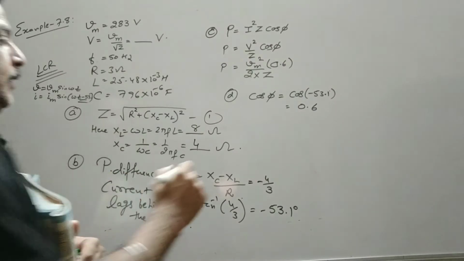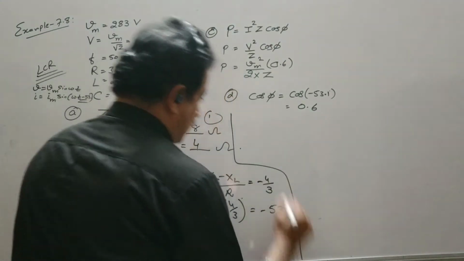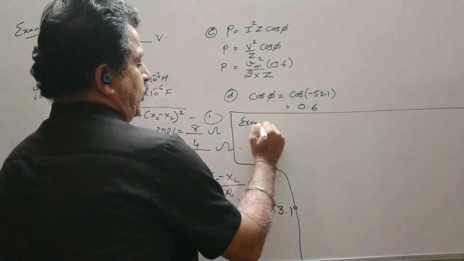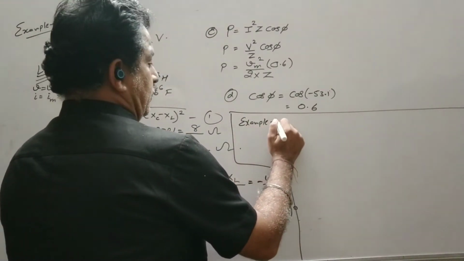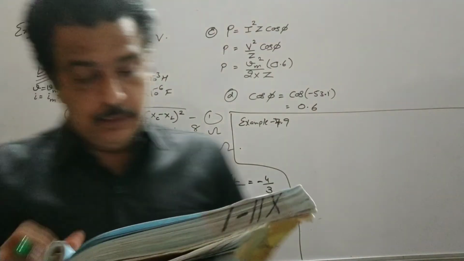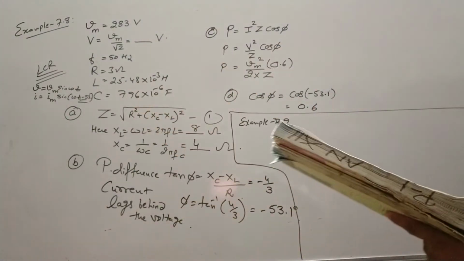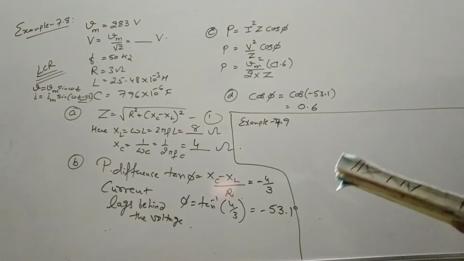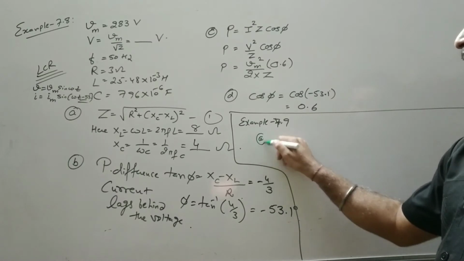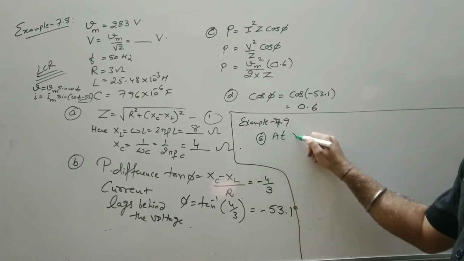Now let us see example 7.9, which is the continuation of 7.8. Now it is given that suppose the frequency of this source is varied. What is the frequency of the source at resonance? So in the first part, we have to find out the frequency at resonance.